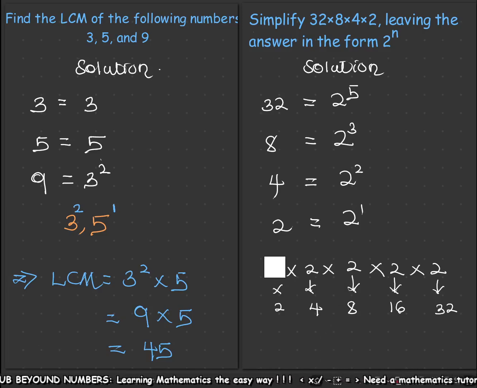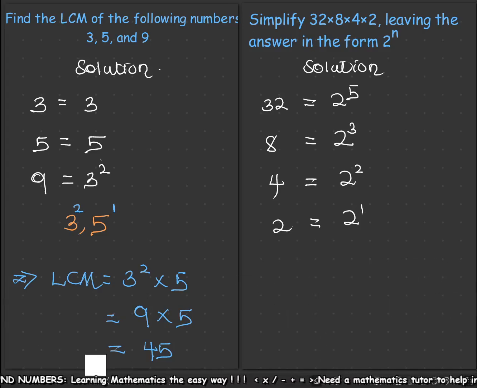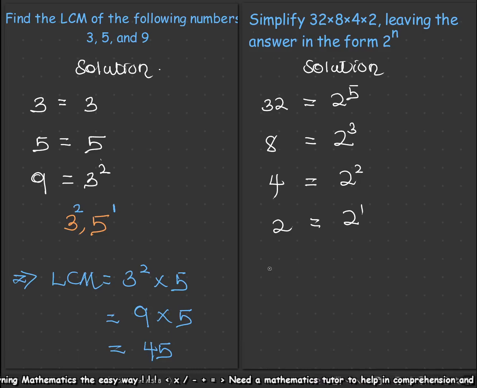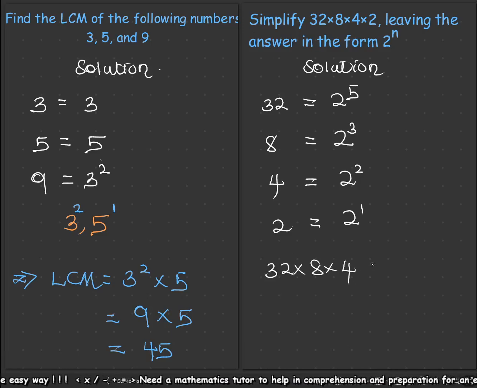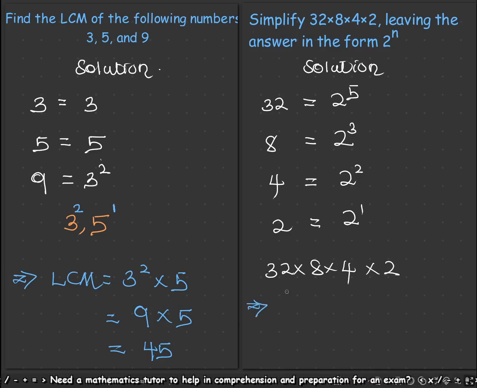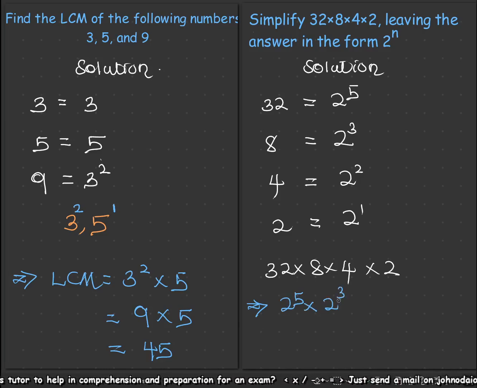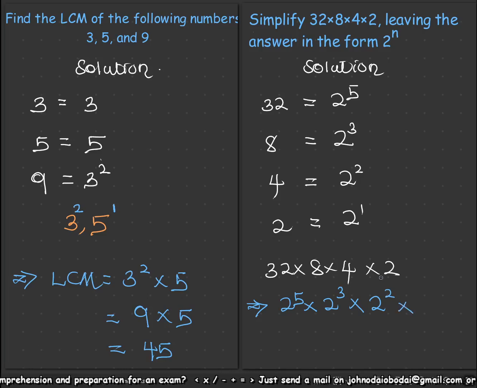So if you are able to write out your numbers as index notations, then to evaluate 32 times 8 times 4 times 2, it is just going to be our 32, which we know is 2 to the power 5, times our 8, which we know to be 2 to the power 3, times our 4, which is 2 to the power 2, and then times your 2, which is 2 to the power 1.